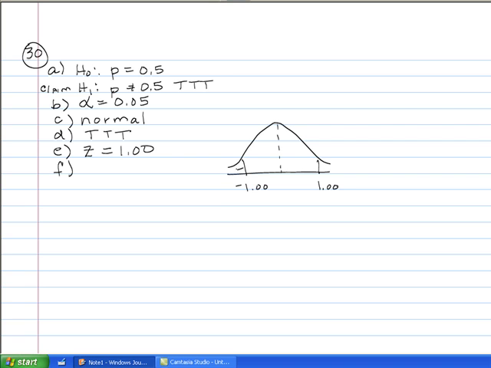So if I look up -1, I get 0.1587, and I want to double that because I have two tails, so I get 0.3174. So that's about as much as we'll do about p-value without the calculator.